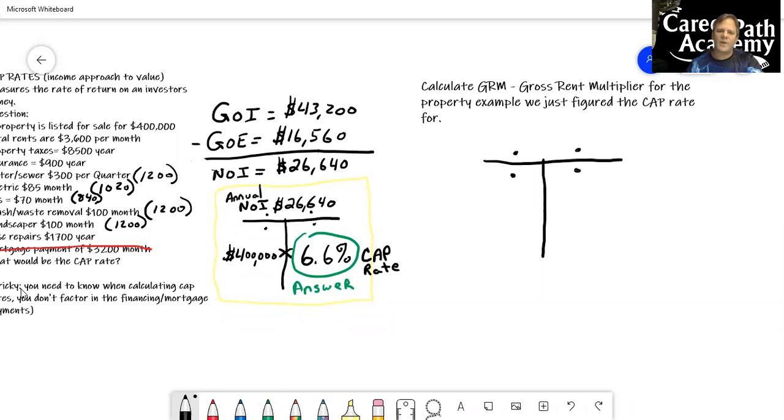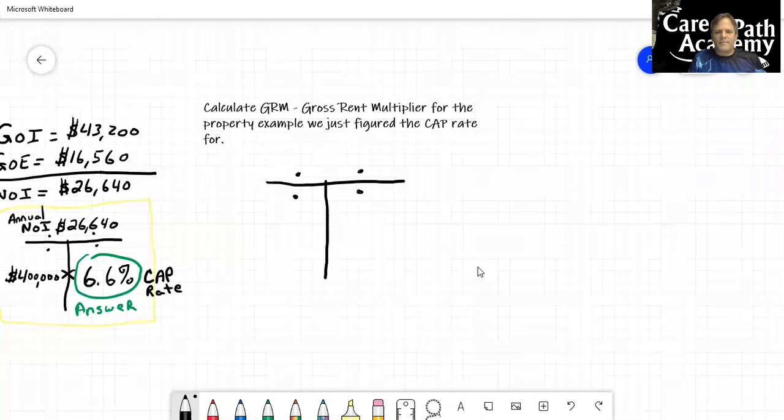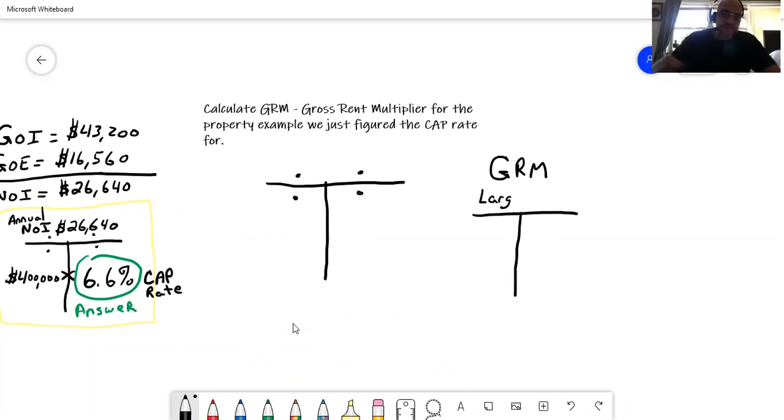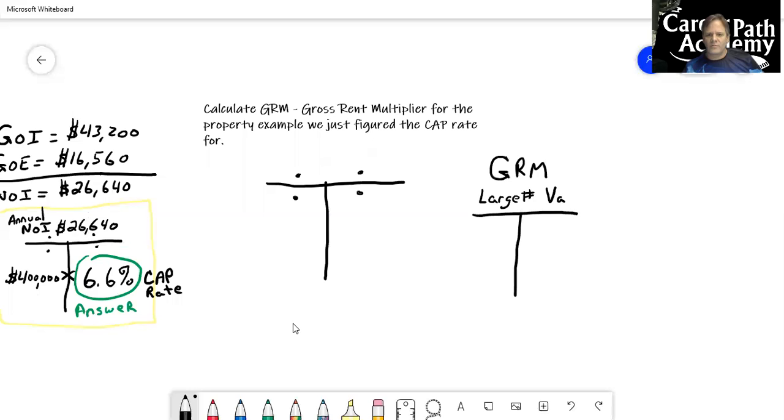But one thing you've got to remember is when calculating the GRM, what numbers go in the T formula? The large number on top, which is the value. The large number is always going to be the value.